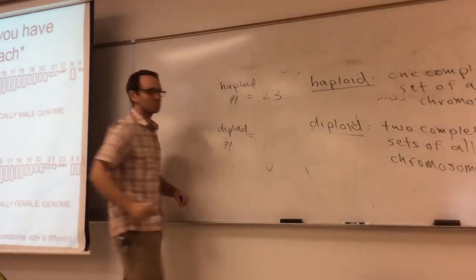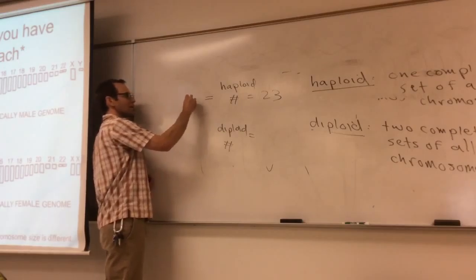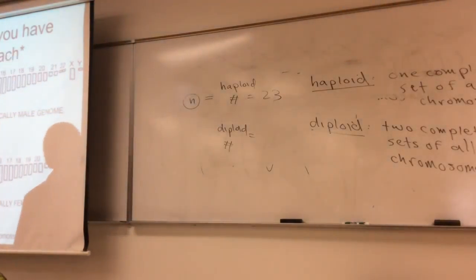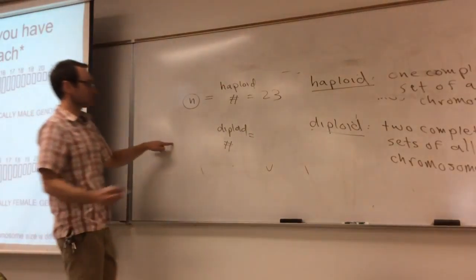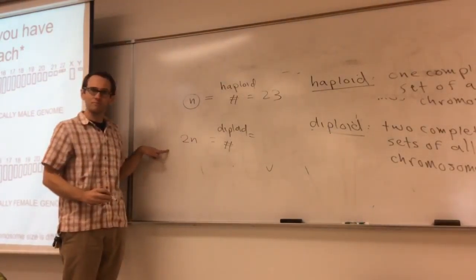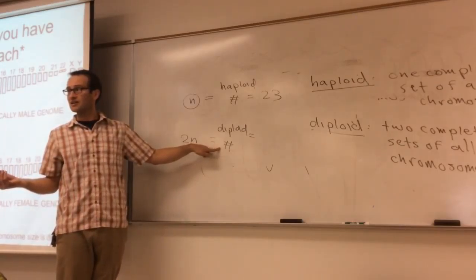And because it's a pain to say haploid number, we often abbreviate it by just writing the letter lowercase n. So n refers to how many pieces the genome is broken up into. If you have two copies, that is, you are diploid, we simply say 2n. And 2n for humans would be what? 46.